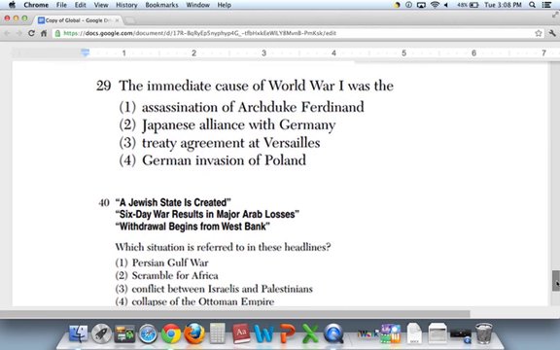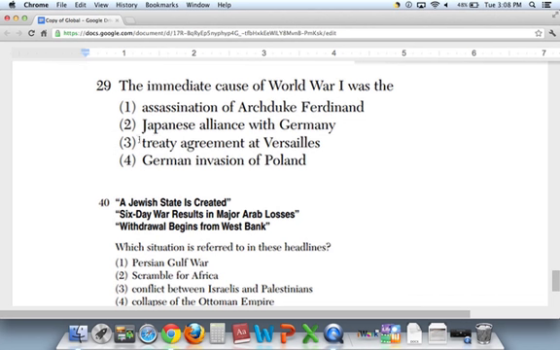So if you think about World War I, none of these choices 2, 3, and 4 came before World War I, and 4 was a part of World War II, so that doesn't make sense.